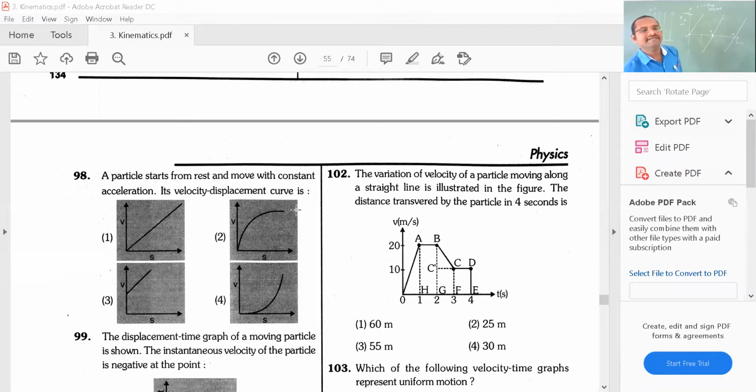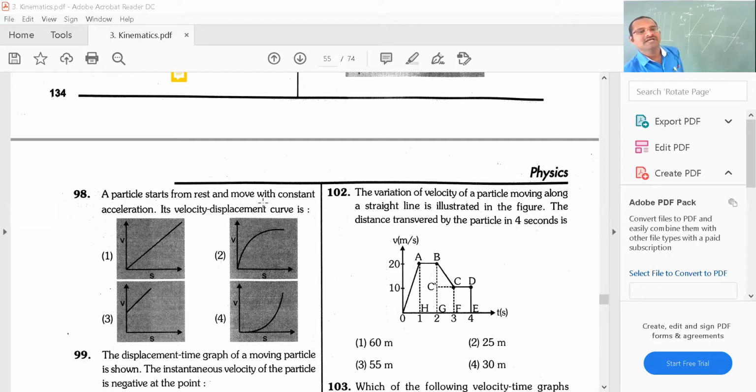Next, question number 98. A particle starts from rest and moves with a constant acceleration. Velocity versus displacement curve is asked. The particle is starting from rest, so u is equal to 0, and moves with constant acceleration, a is constant.